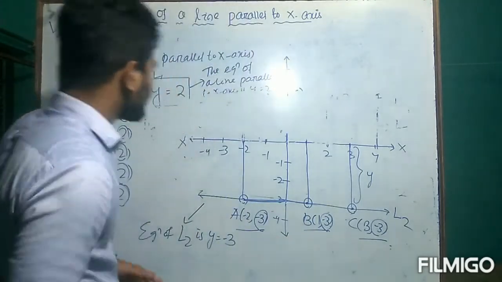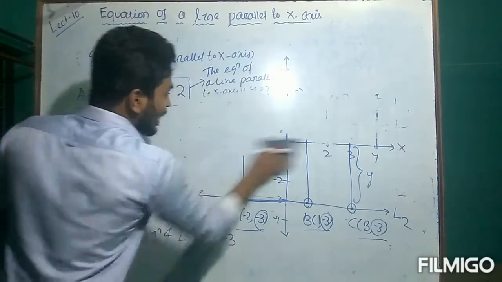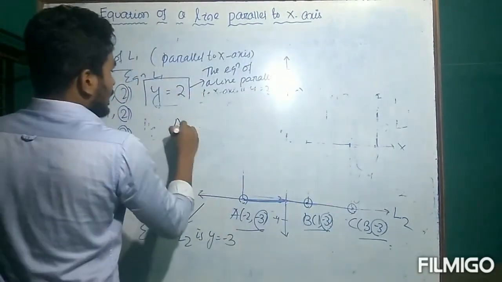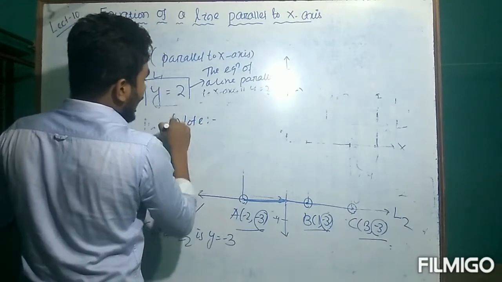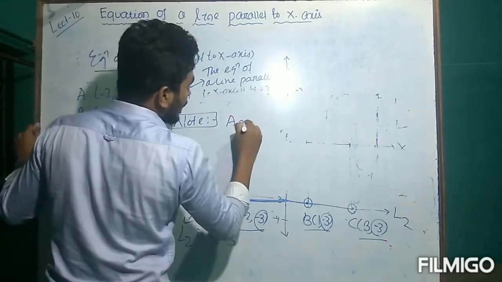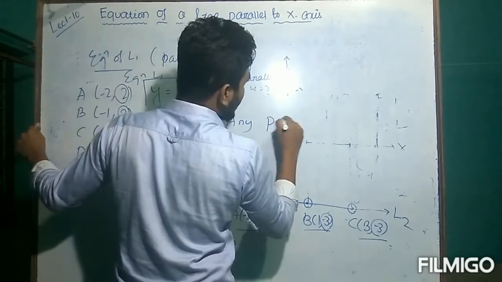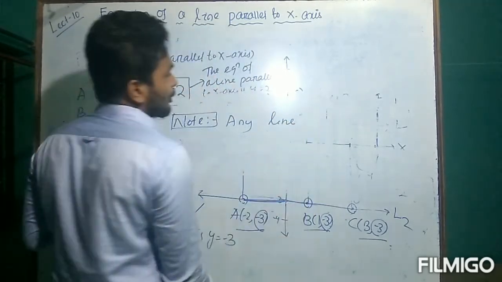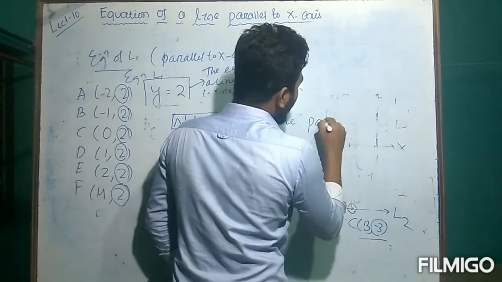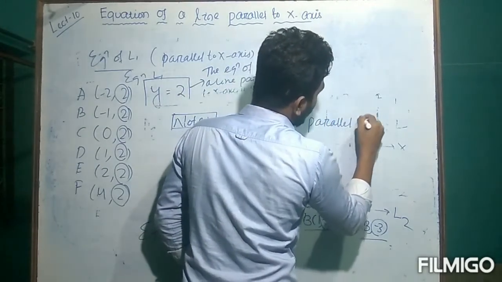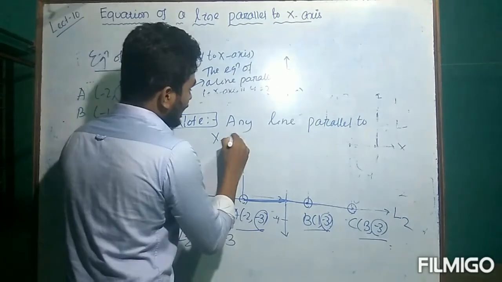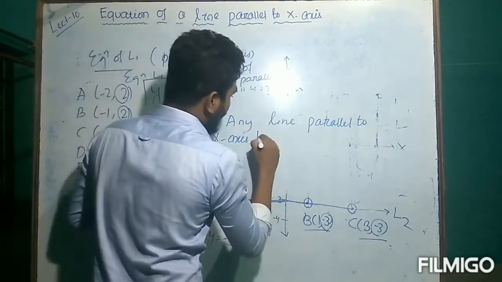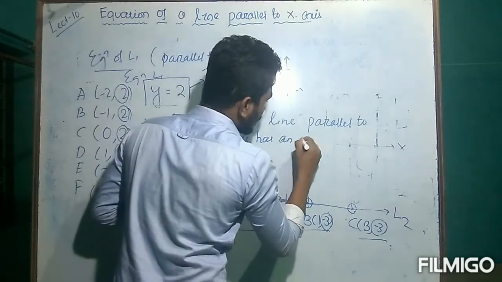Right? So one thing you can write down: any line parallel to the x-axis has an equation.